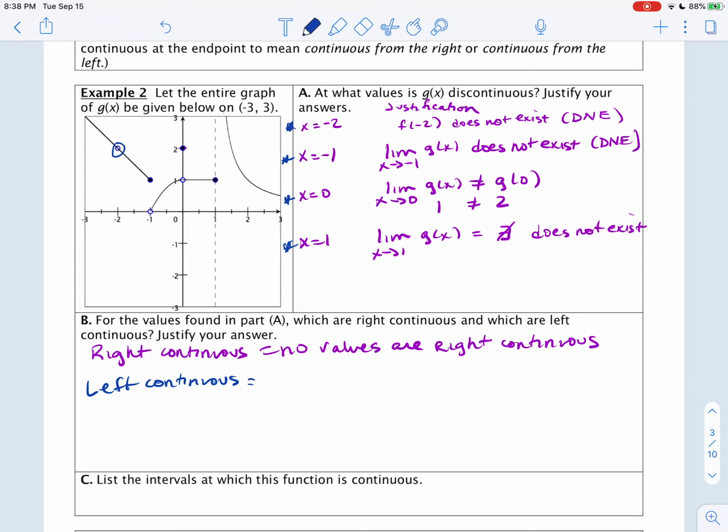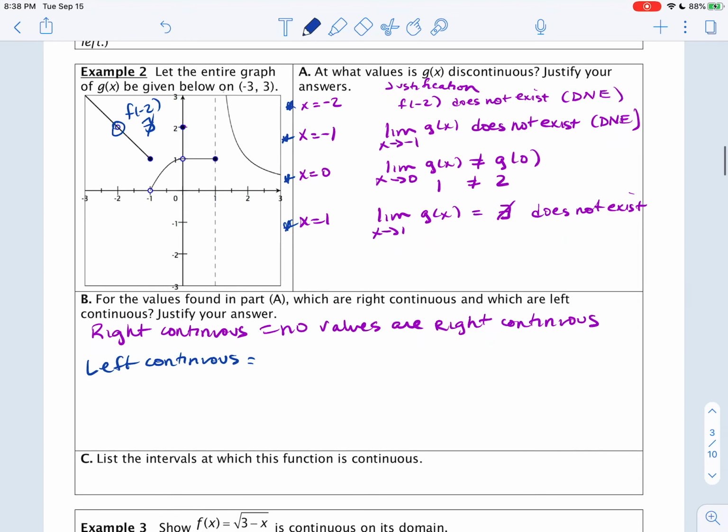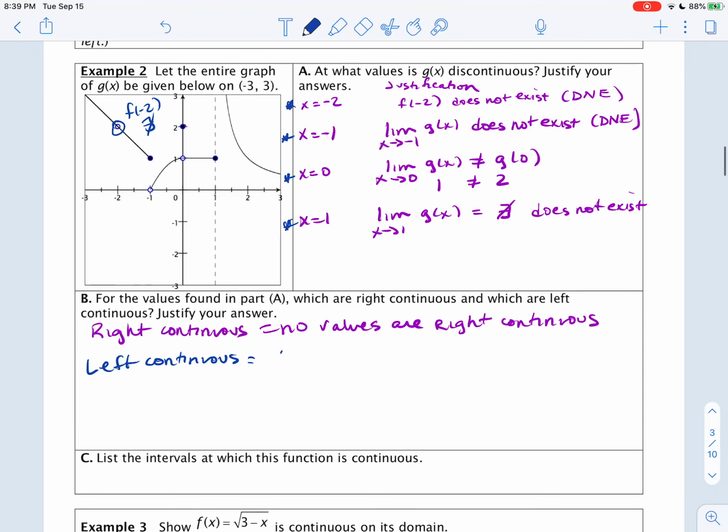It's not at x equal to -2 because we have no function output. F of -2 does not exist, so it's automatically not continuous. Okay. Also, any vertical asymptote is not continuous at that point either because the limit does not exist at that value. So 1 and -2 are out of it.